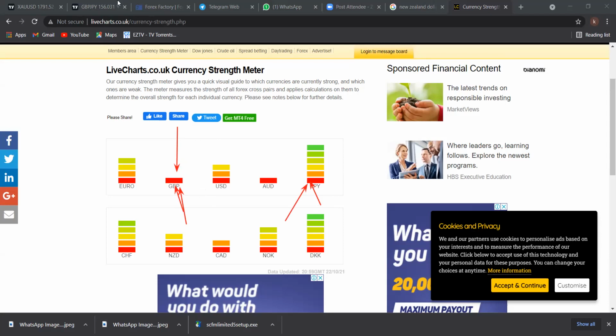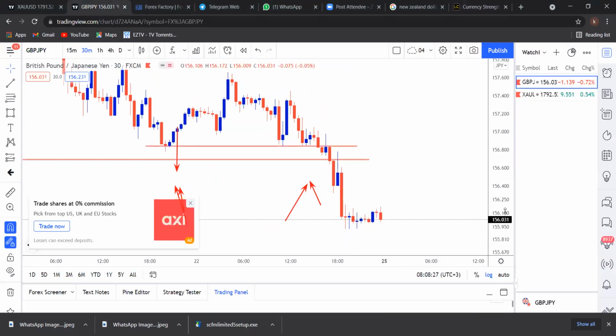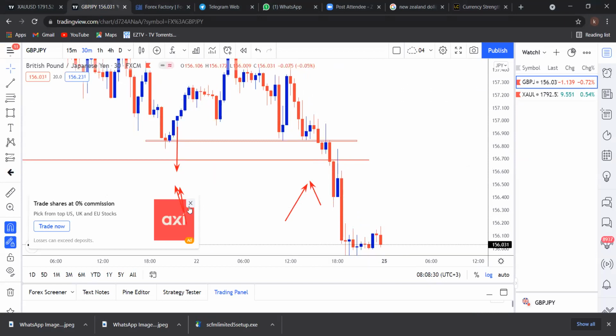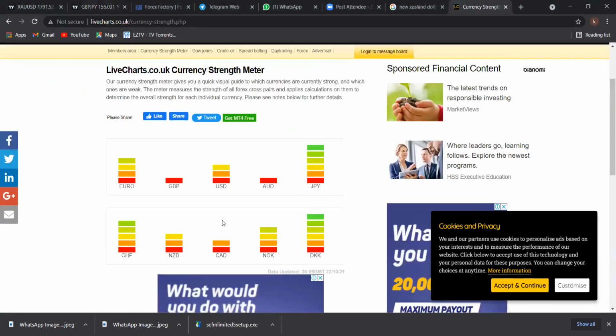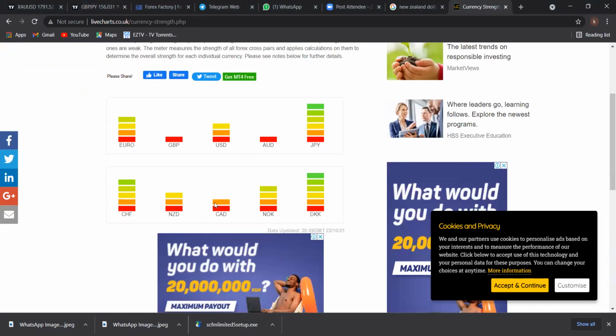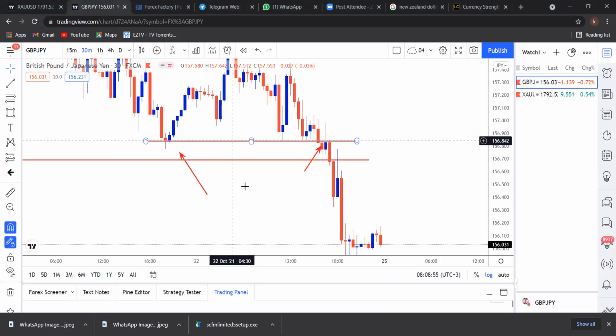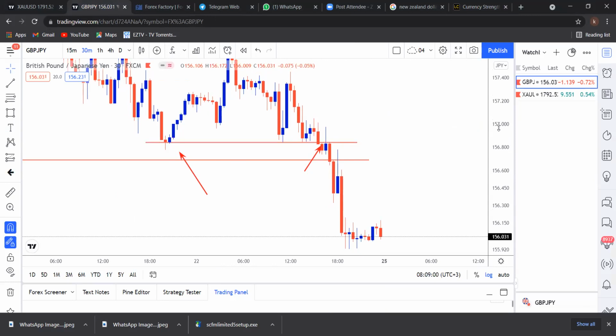So nikikuja hapa kwa analysis ya chart yangu, unaona hapa ina make sense juu unaona hiyo chart, si ndio? Inamaanisha aje? GBP JPY currency strength meter inaonesha GBP ni weak. Unaona? GBP ni weak na JPY ni very strong. So inamaanisha nini? Hii currency GBP JPY inastahili iwe ina bearish trend.